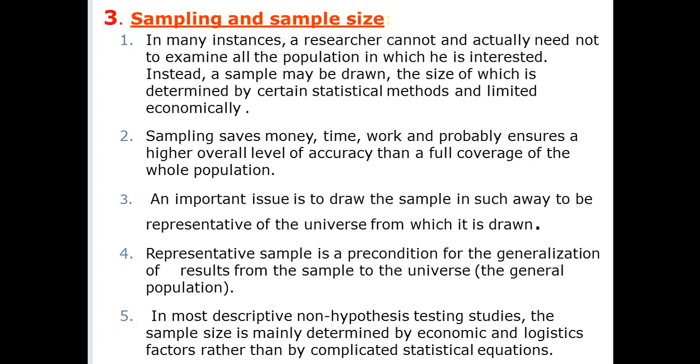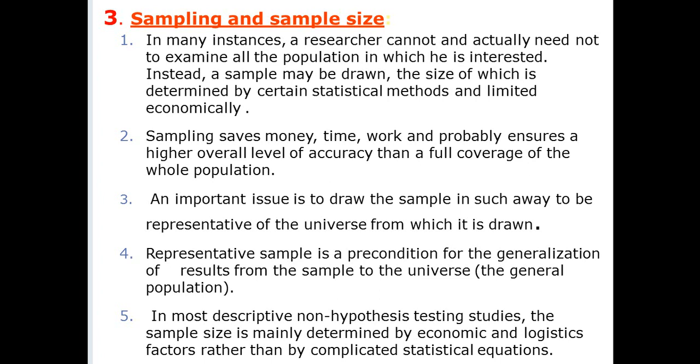Also, an important issue is to draw the sample in such a way as to be representative of the universe from which it is drawn. A representative sample is a precondition for generalization of results from a sample to the universe, the general population. In most descriptive non-hypothesis testing studies, the sample size is mainly determined by economic and logistic factors rather than by complicated statistical equations.